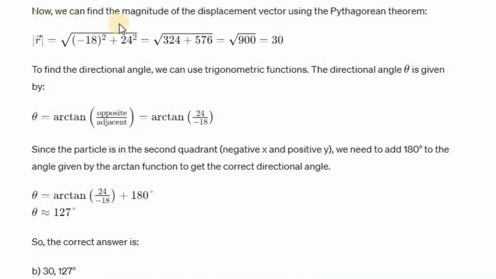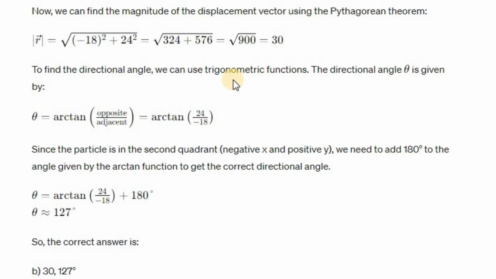Now we can find the magnitude of the displacement vector using the Pythagorean theorem. R equals square root of minus 18 squared plus 24 squared, equals square root of 324 plus 576, equals square root of 900, equals 30. To find the directional angle, we can use a trigonometric function.